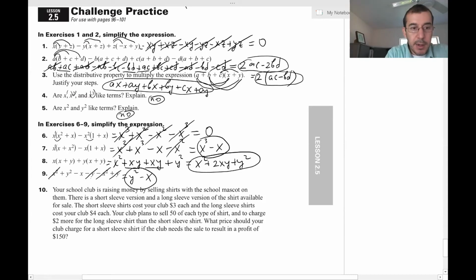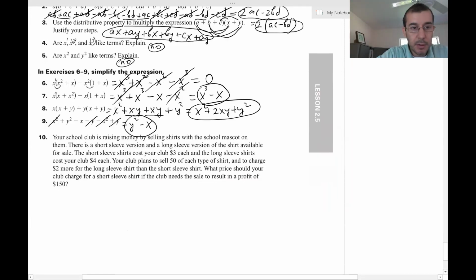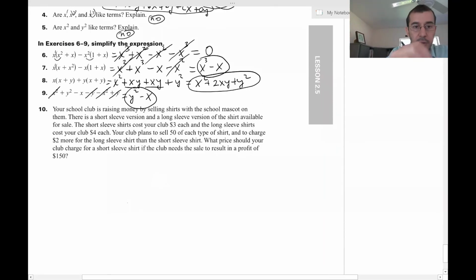Okay. And the last one for today, number 10, your school club is raising money by selling shirts with the school mascot on them. There's a short sleeve version and a long sleeve version of the shirt available for sale. The short sleeve shirts, so let's say X is the short sleeve and Y is the long sleeve.